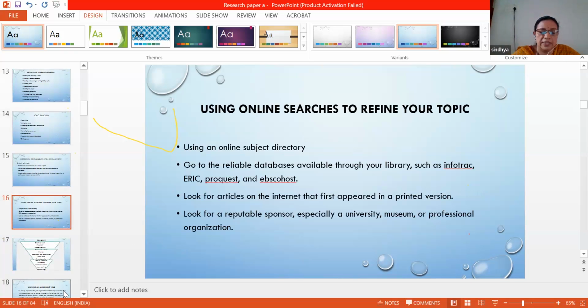When you select a topic, you have to narrow it down, address the targeted audience, and analyze the issues and discuss in detail, so that it is a good topic. And in support, you can use online searches to refine the topic.